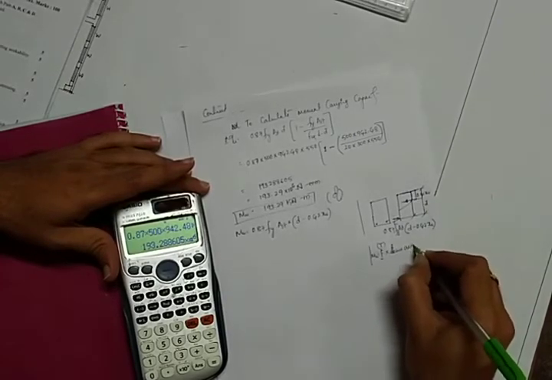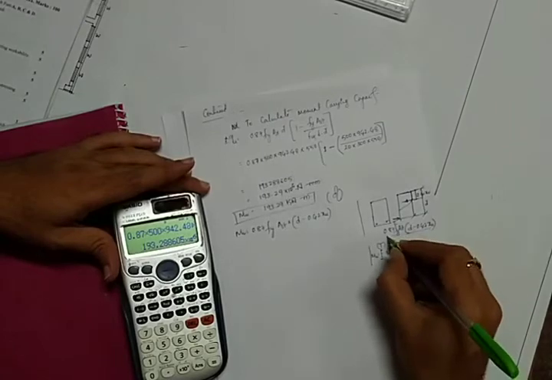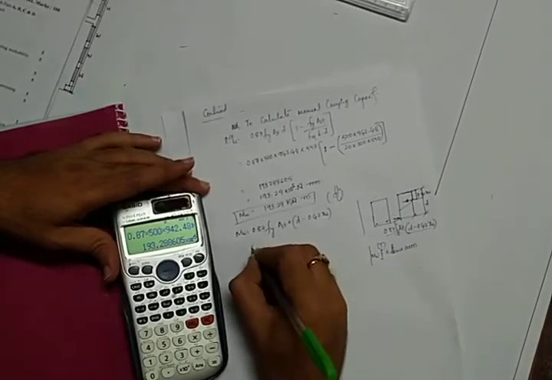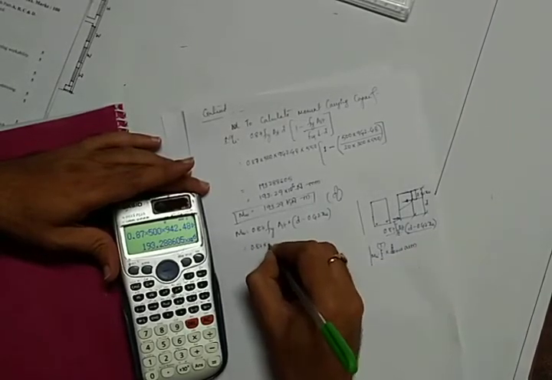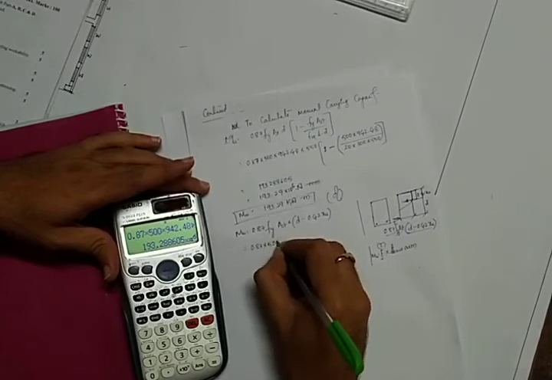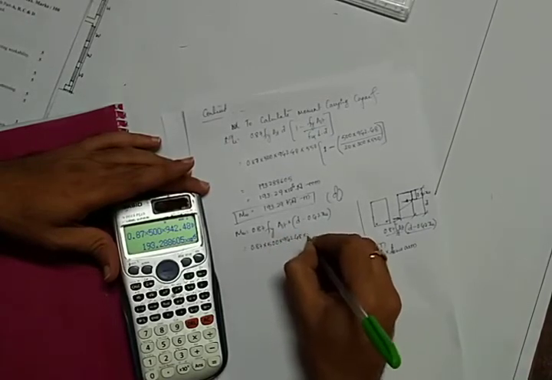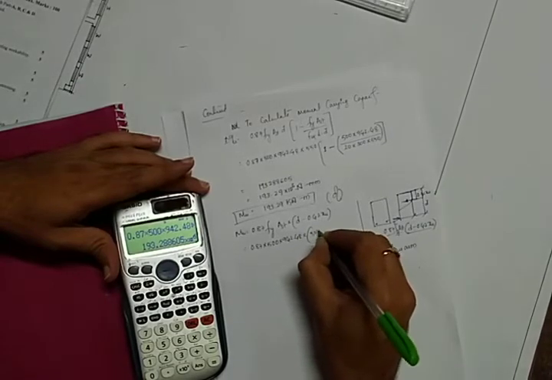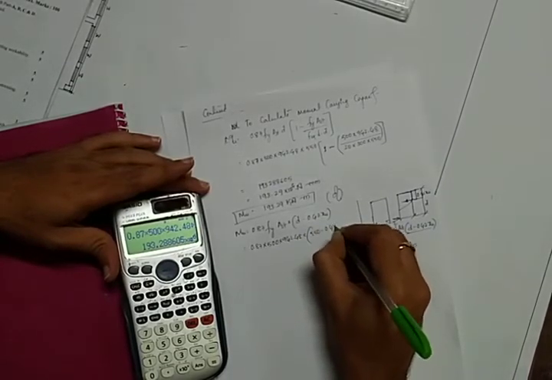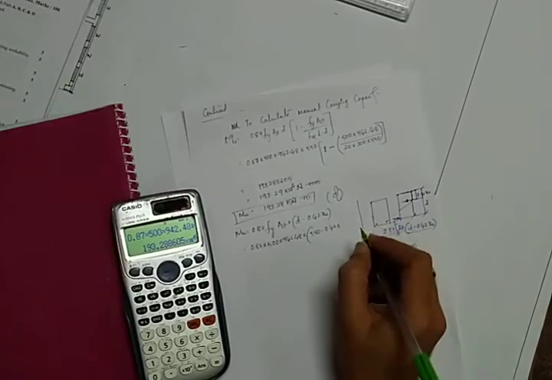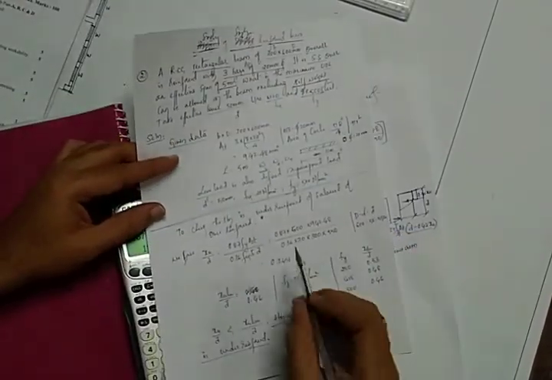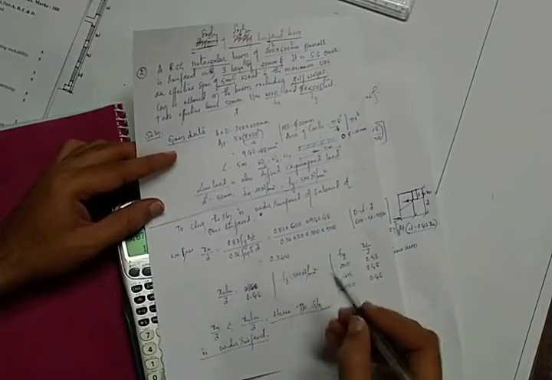This is the lever arm and this is the force. Multiply this. We will get the same value, 500 into 942.48 into d is 550 minus 0.42 into xu, which is already calculated, and I have to check whether the section is under reinforced or balanced.